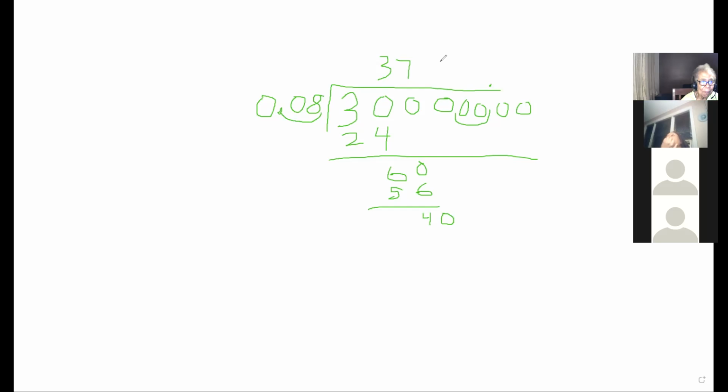What number times 8 gives 40? Oh, 5. Think of your timetables. 5 times 8 is 40. And we're all done. And then we put our zeros here. So 375 and then the 2 zeros.